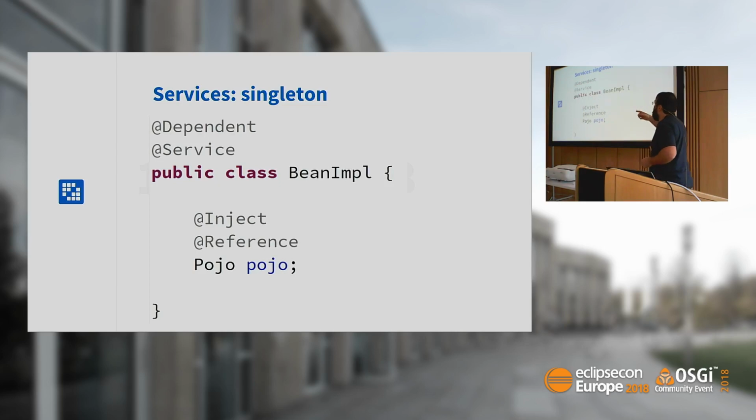So in this case, I have a dependent service bean that's going to be published as a singleton into the registry, because the registry is only being informed that this is a singleton service, so it'll create it once. But if another bean or another set of beans inside the CDI application needed one of these, one would be created for every lookup, for every injection point. A new one would be created.